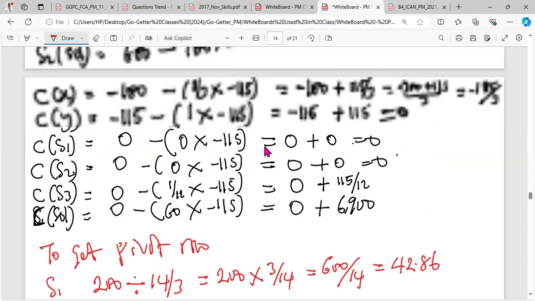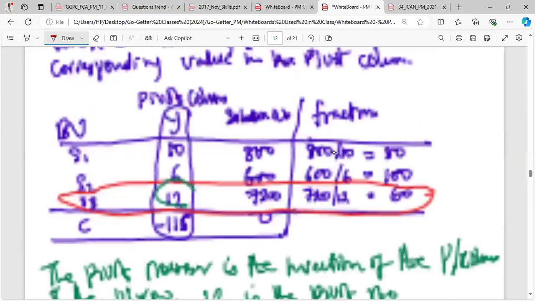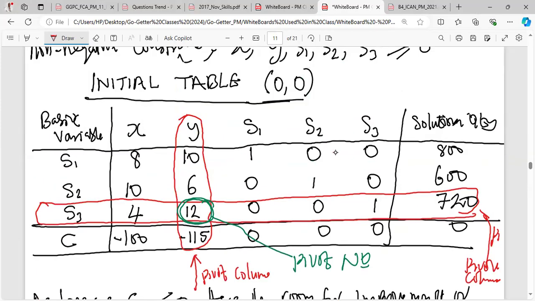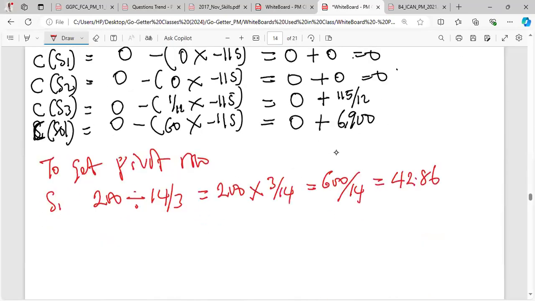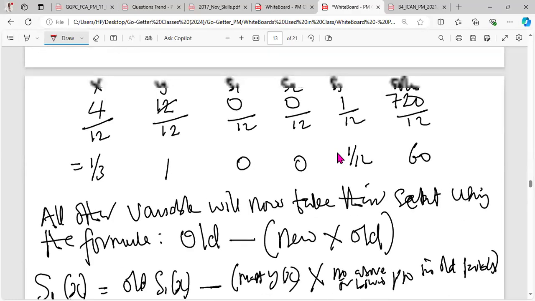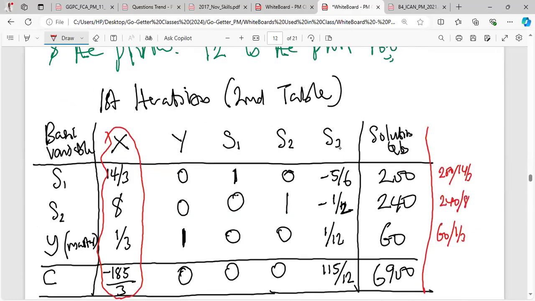So I will just put my answer here. 42.86, or just say 42.9. I can even say 43.